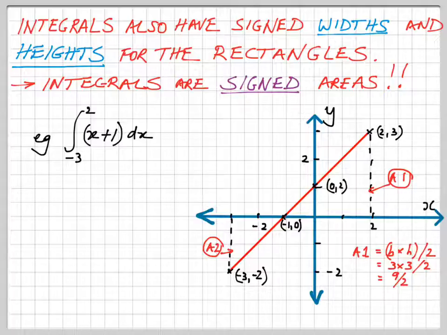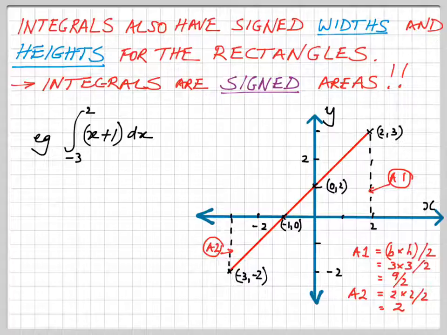Now, I'm not considering whether they're plus units or minus units. I'm doing an unsigned area. You get it? Now, let's do area 2 now. Okay, so that looks like it's a 2 by 2, base 2, height 2. I'm not doing the minus, I'm just doing the lengths, like an area of a triangle, and I get 2 square units, don't I?